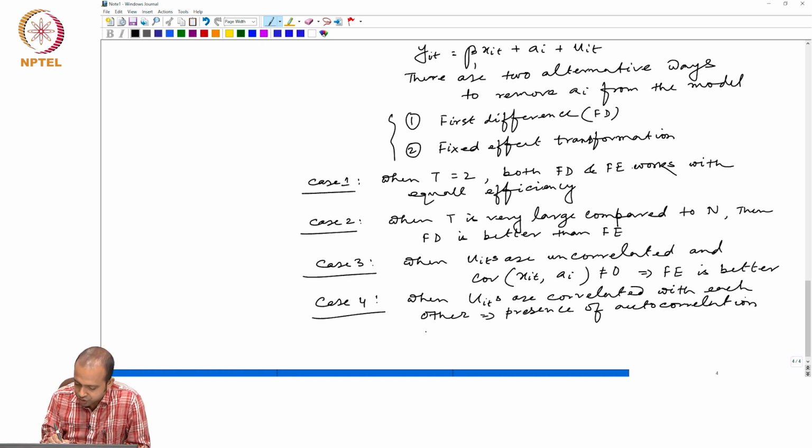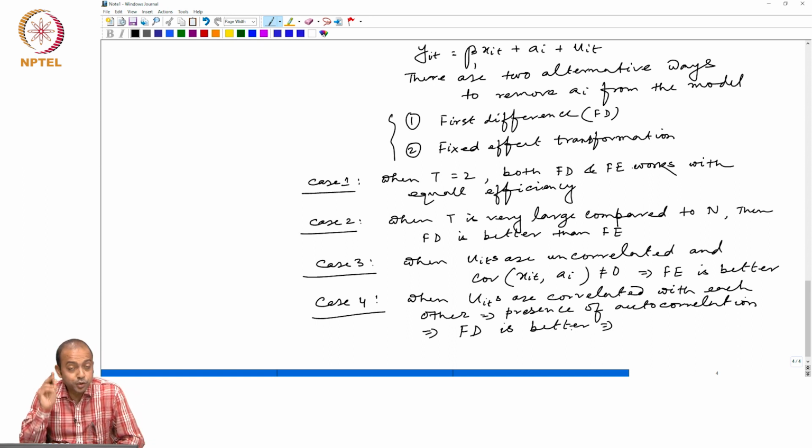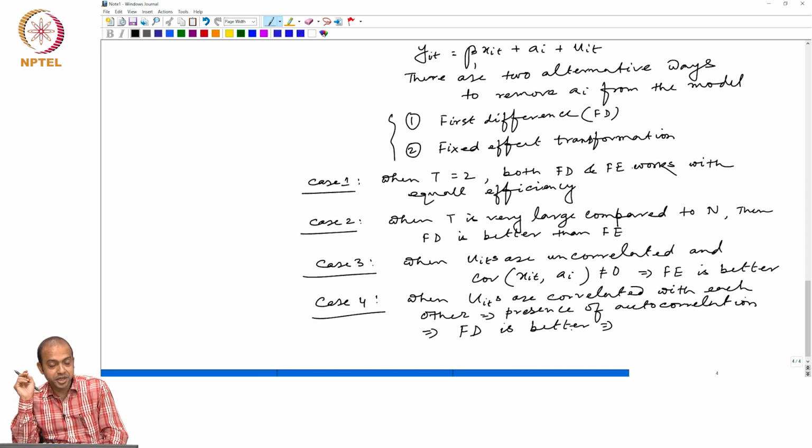Presence of autocorrelation, then FD, first difference, is better. Why? Because if you recall from our basic econometrics, one of the solutions by which you can reduce the severity of autocorrelation is first difference. Okay?